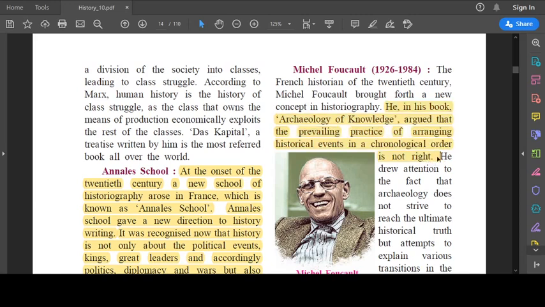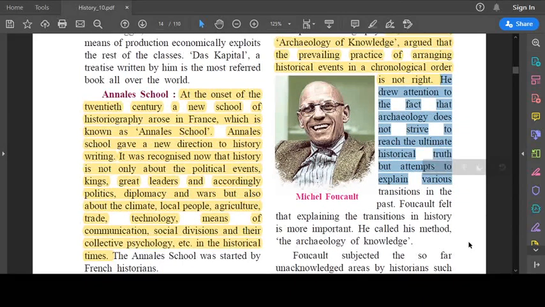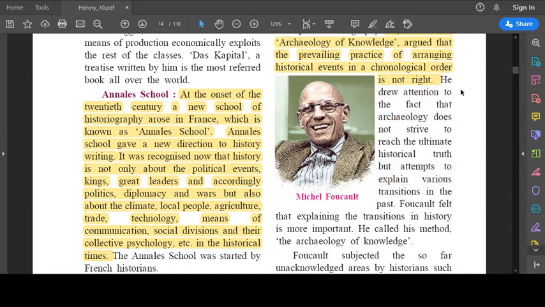Second, he drew attention to the fact that archaeology does not strive to reach the ultimate historical truth but attempts to explain various transitions in the past. That's your second point. Third point, Foucault felt that explaining the transitions in history is more important.